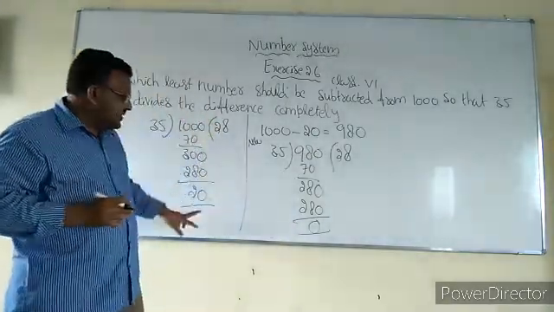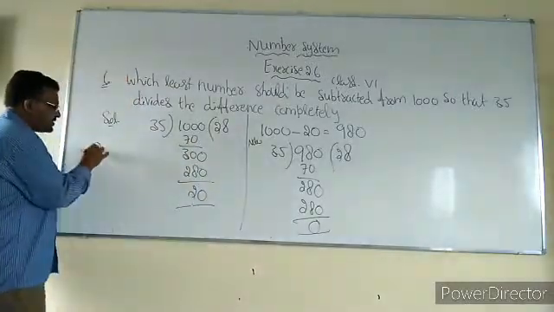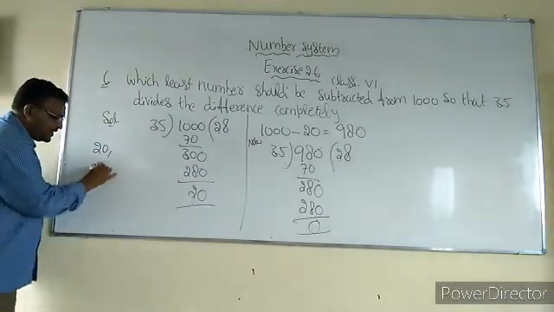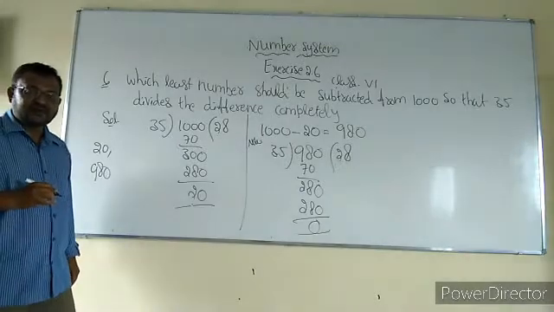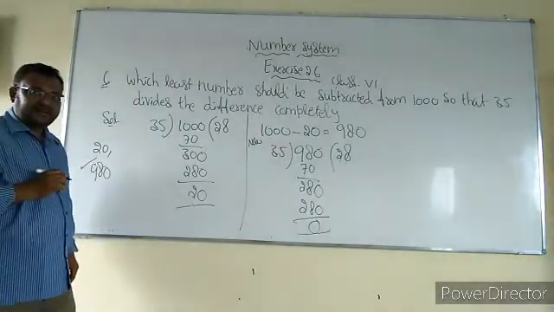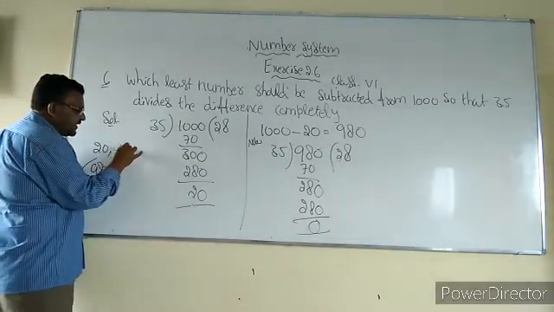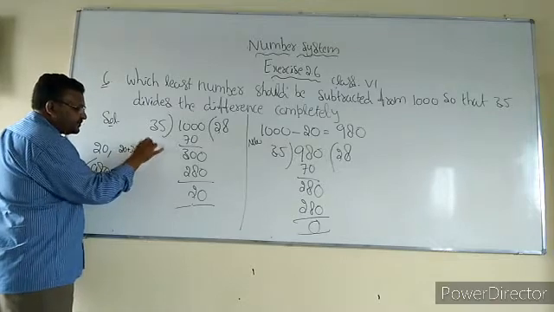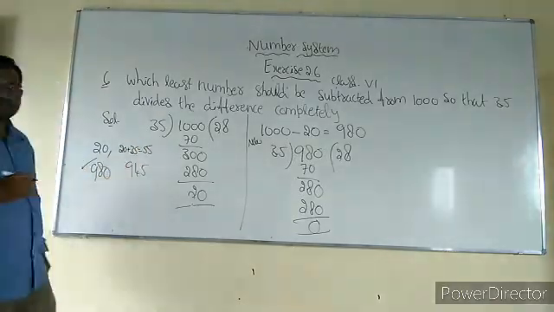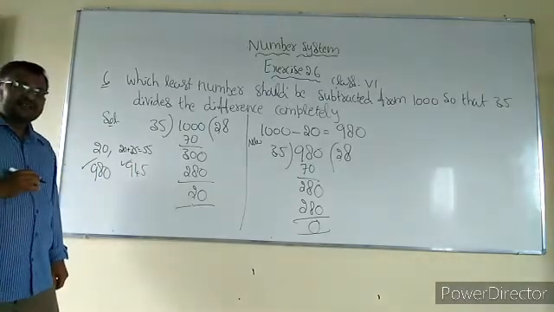That means add 20 plus 35, that is 55. First subtract 20 from 1000, it becomes 980, divisible by 35. Then if we subtract 55, it will become 945. 945 is also divisible by 35.